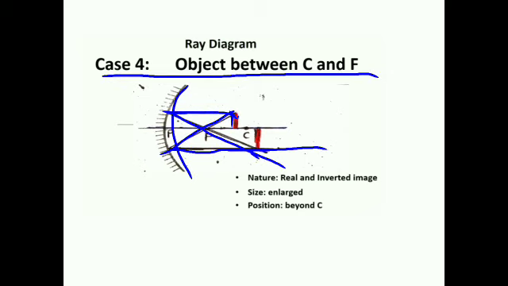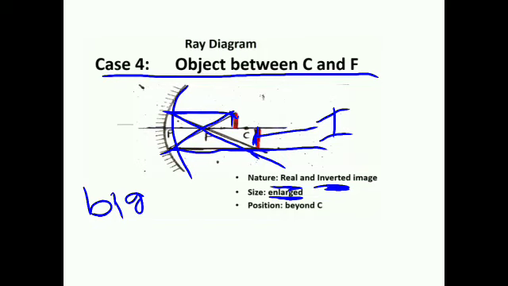At this point they intersect. We have to draw a down arrow. This down arrow will give the image of the object. Image characteristics: real image, inverted image, and it is an enlarged image, big size, and it will be formed beyond C.